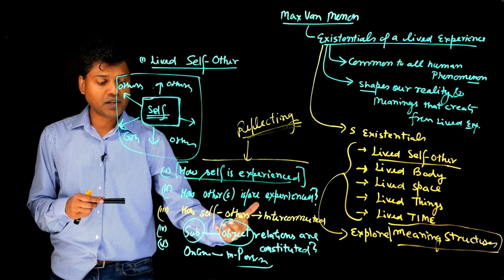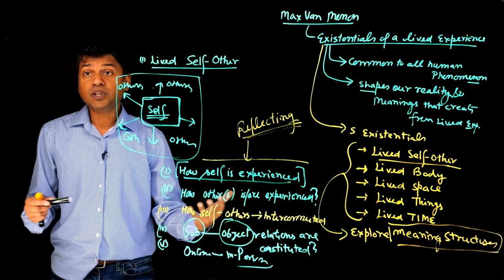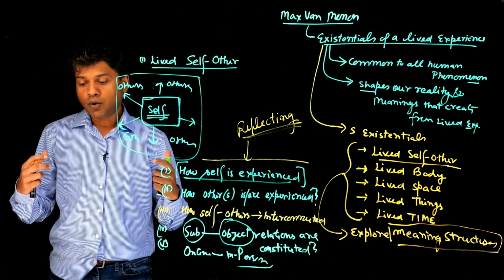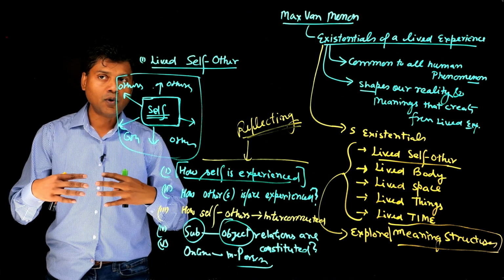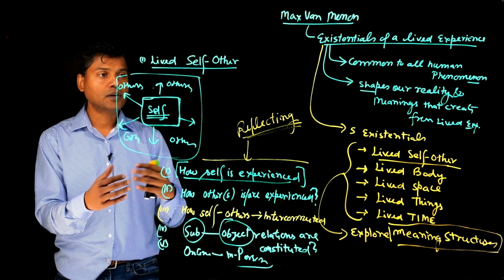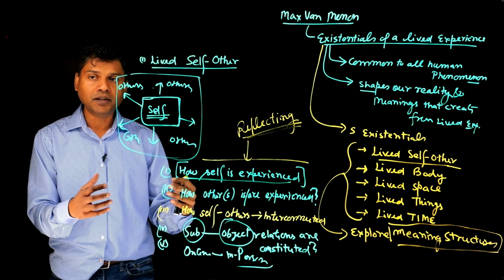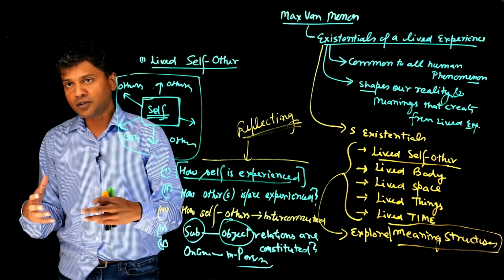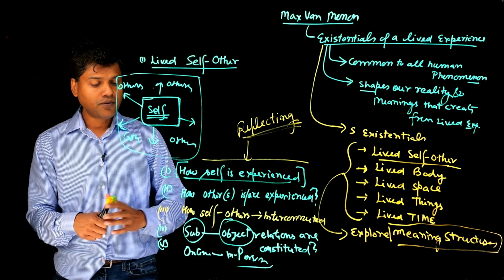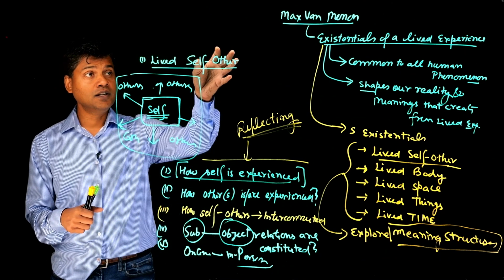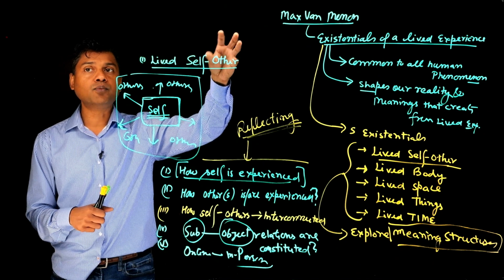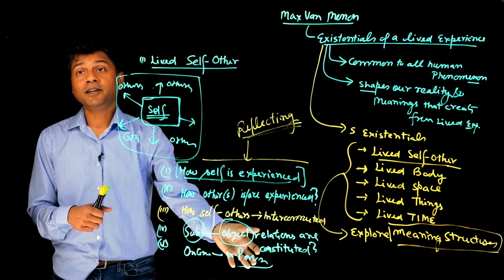In today's life, our life is so intertwined with technology: I am sharing my life on social media, or I'm on a video conferencing platform having a meeting with my colleagues. So our relationality, the lived self-other experience, nowadays has an important component of online and in-person.